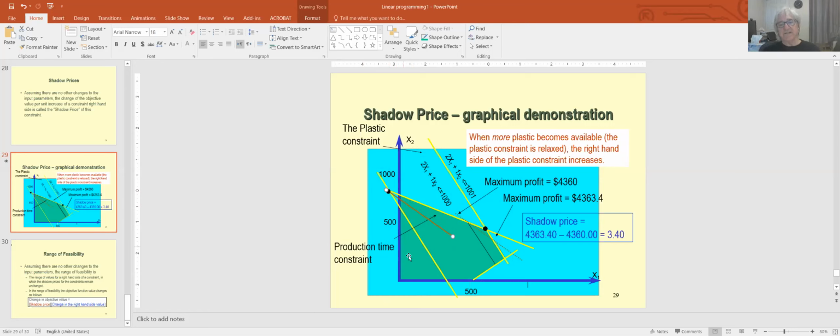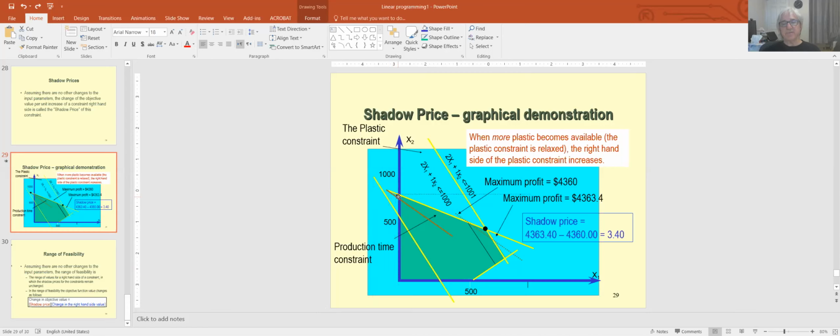What can happen is if you drop your plastic, let me drop it even more. If you drop your plastic to this level and now the feasible region is here, the feasible region is here. So this extreme point is not moving along a line that is now infeasible.